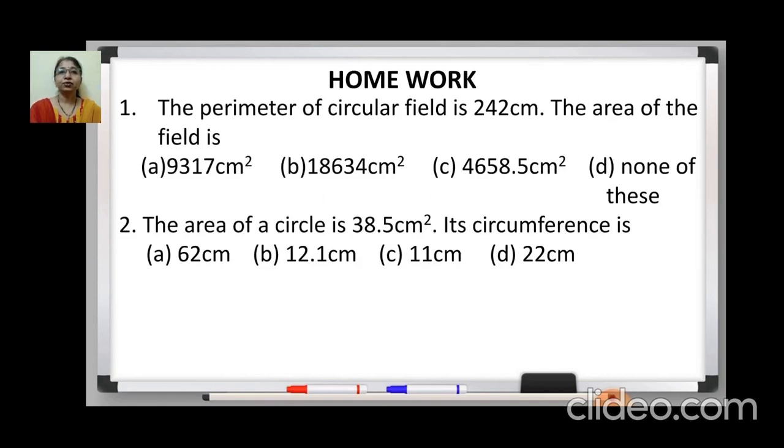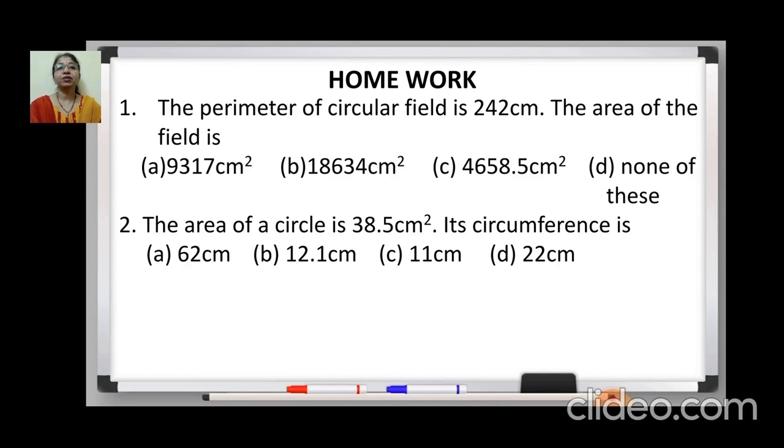Now I have few questions for practice. So you try this. Question number 1. The perimeter of circular field is 242 centimeter. The area of field is, right? So field is circular in shape. So in circle, the perimeter is nothing but circumference of the circle.